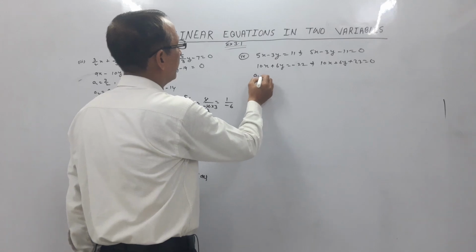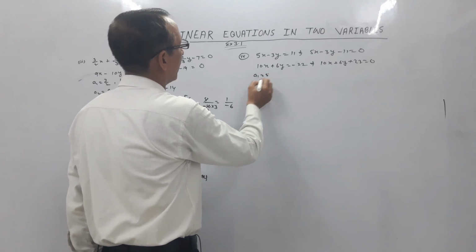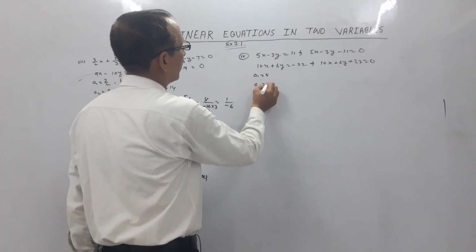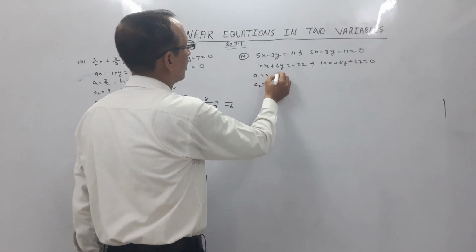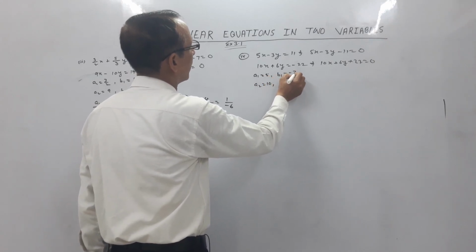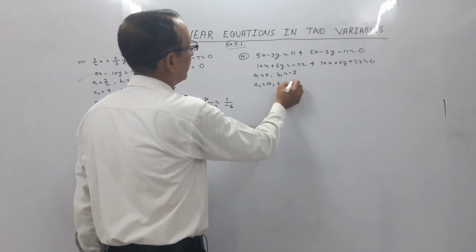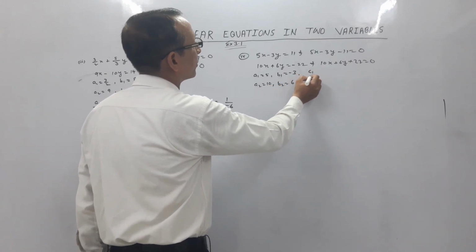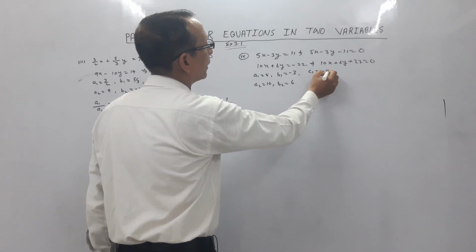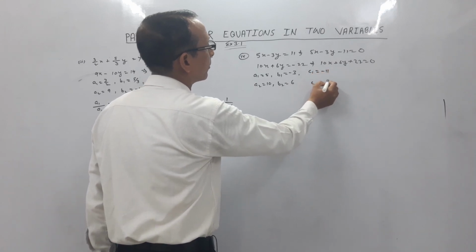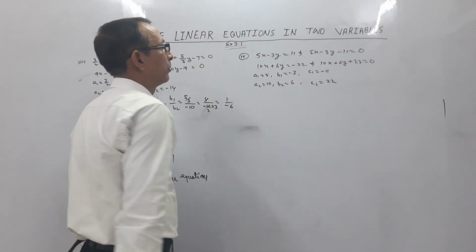So A1 equal to 5, A2 equal to 10. B1 equal to minus 3, B2 equal to 6, C1 equal to minus 11 and C2 equal to 22.